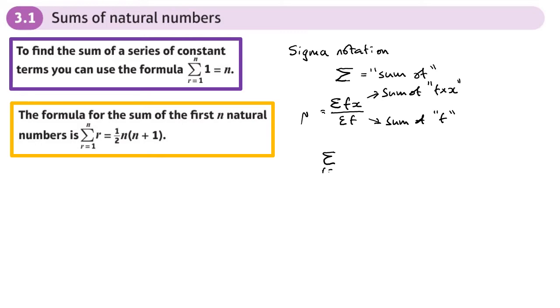So if I added something like this, and I put r here, what it means is that r, the first time round, is going to be 1. So this number I've got at the bottom here, r is starting with 1, and then I'm finding the sum of all of the r's from 1, 2, 3, 4, 5, 6, and I stop at 7.